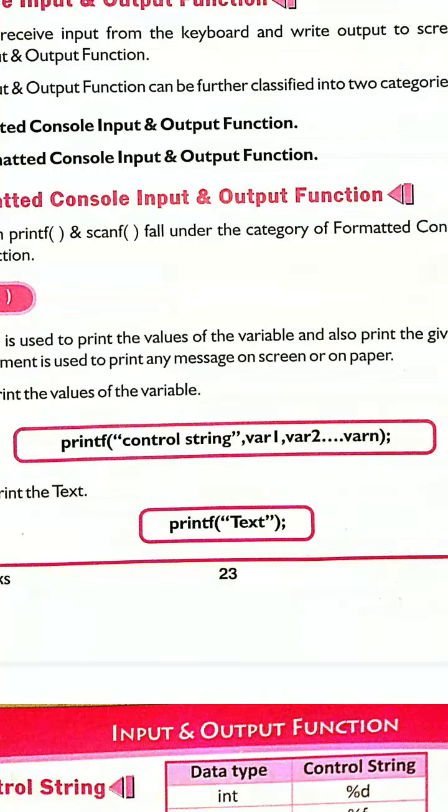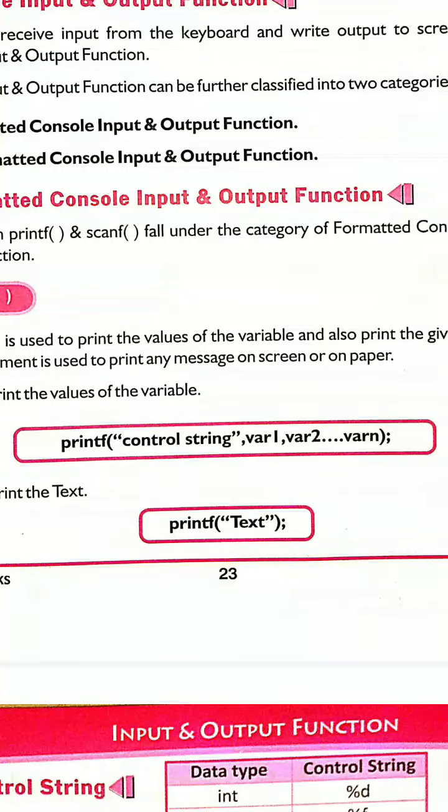Okay, so there is a syntax for this also. For scanf, we use the same control strings for particular variables. If you want to get an integer value from the user, then you have to use this %d. All the things are the same as printf, but here you can see that there is an ampersand symbol before every variable name, which denotes the memory location of the variable.